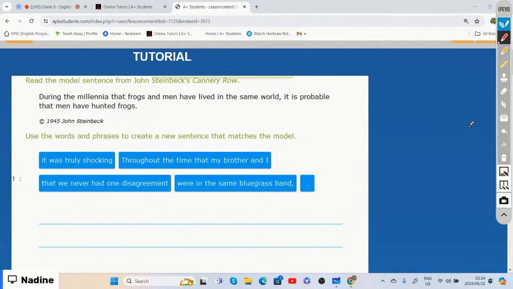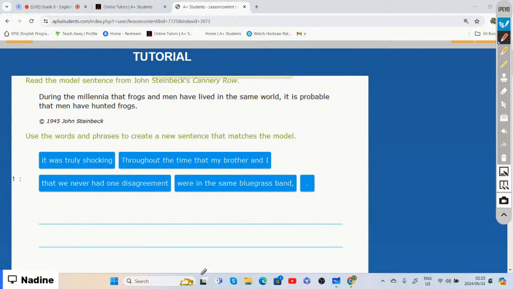We now need to look at that sentence, then use the words and phrases given to create a new sentence that matches that model of John Steinbeck. I'm going to put numbers on the phrases so that we can reread or create our sentence based on that instead of me having to rewrite it, right?